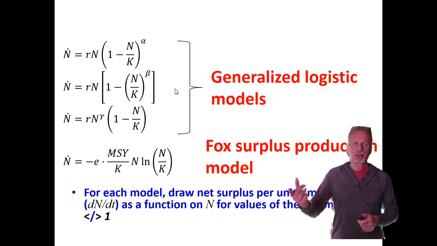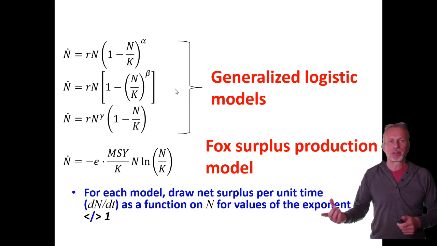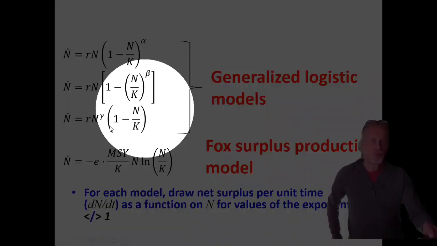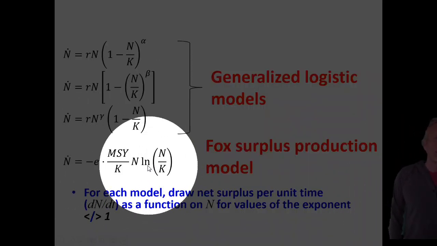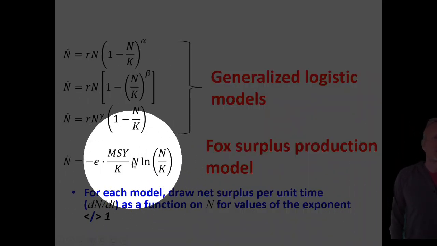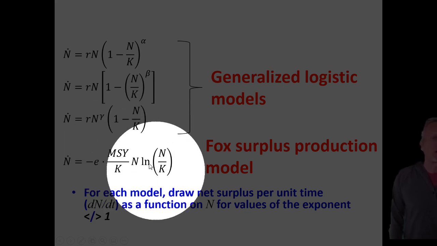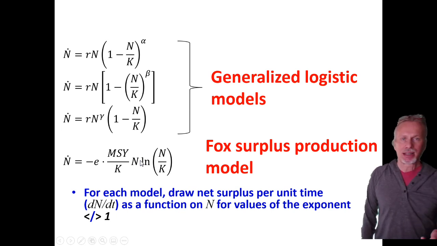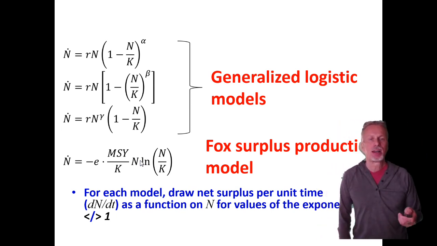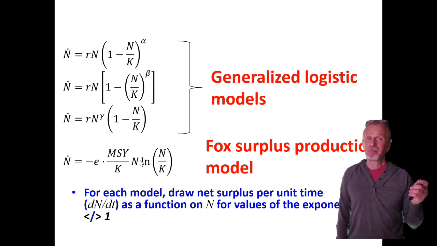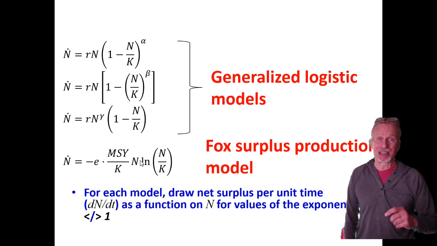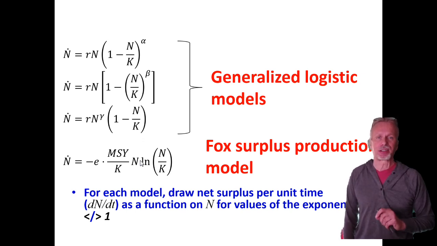I also want to mention that in fishery models there is often the habit of using this type of model. It's the classic Fox surplus production model, in which it is explicitly representing the carrying capacity K and MSY, which is the maximum sustainable yield. We haven't seen it yet in detail, we're going to see that soon.